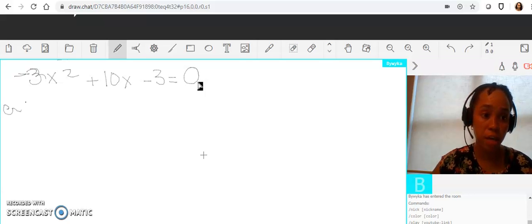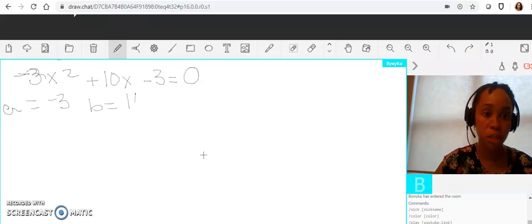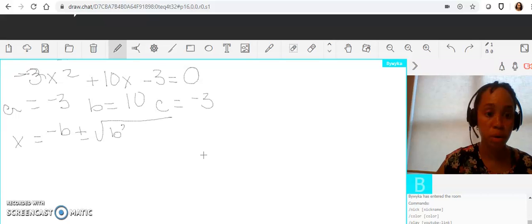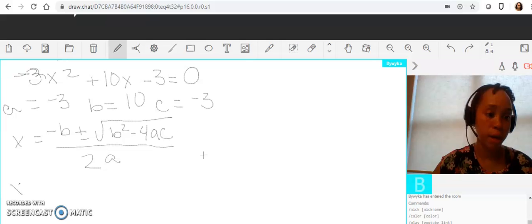So I have a is equal to negative 3, b is equal to 10, and c is equal to negative 3. And I'm going to write my formula here. So I have x is equal to negative b plus or minus the square root of b squared minus 4ac all over 2a.